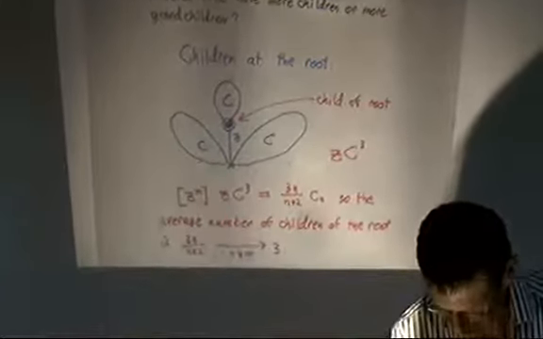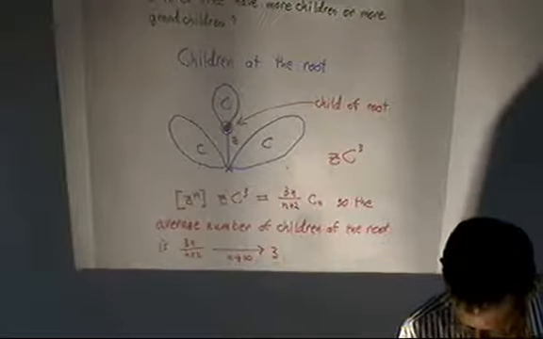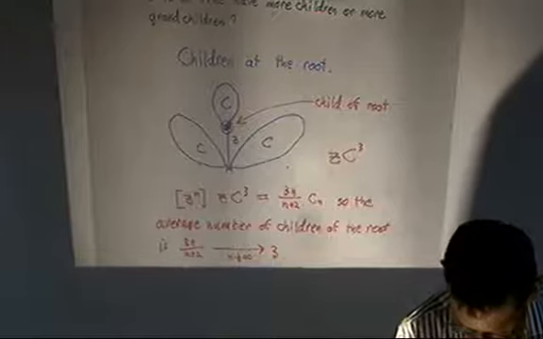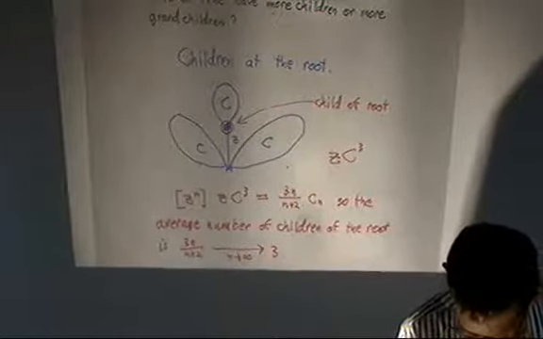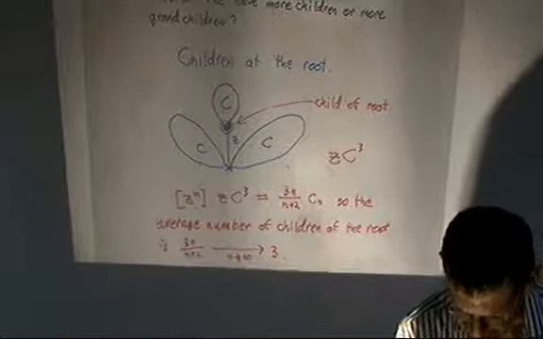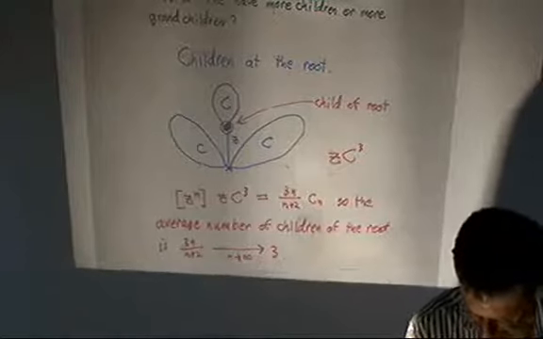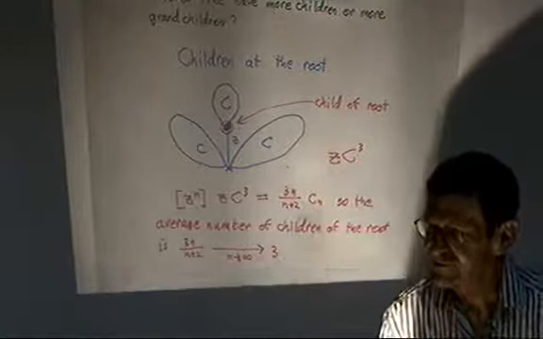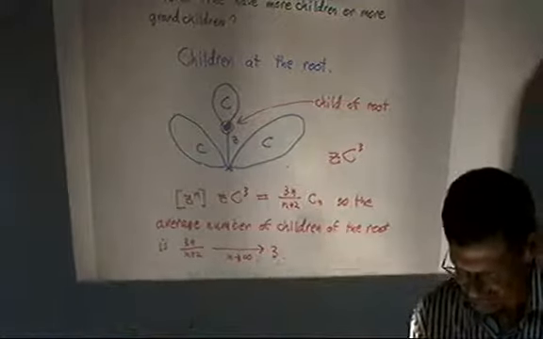One result there, though, is that the number of children of the root is 3n over n plus 2, if you go over all trees with n edges, and that rather rapidly approaches 3. So for really big trees, the average number of children of the root is 3.